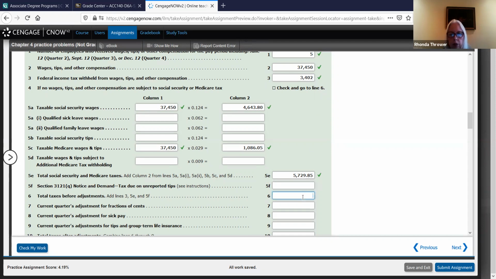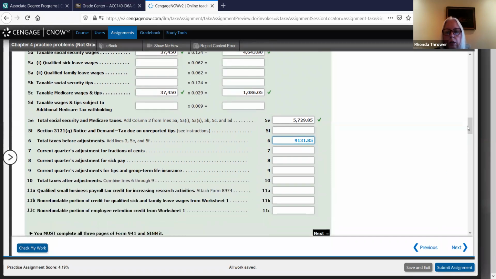There wasn't anything in 5F, so we're going to add line 3, which is 3,402, plus line 5E together, and that will give you $9,131.85.